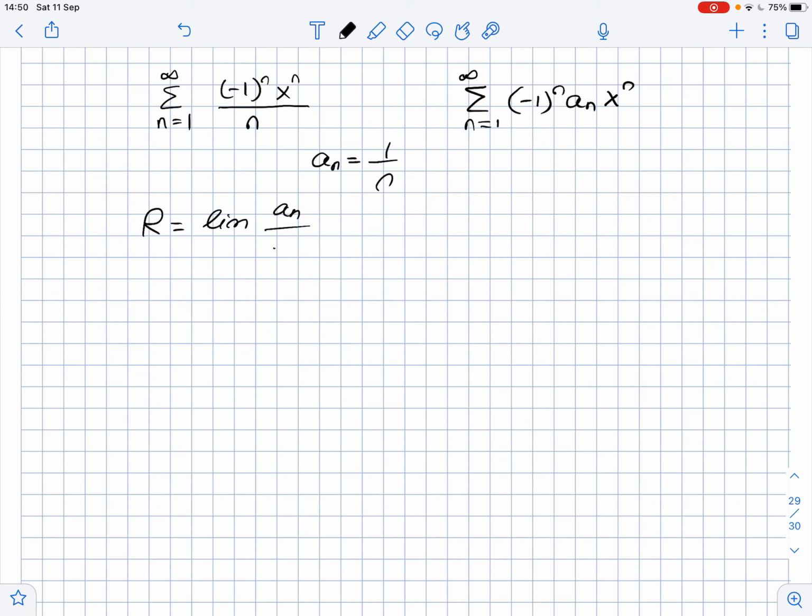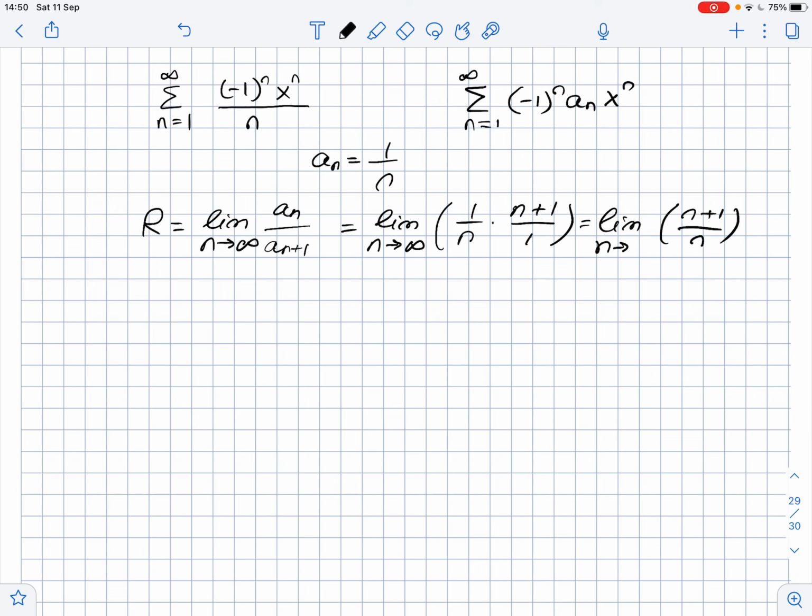So we can obtain the radius of convergence by the following formula. The radius of convergence equals the limit of a_n over a_(n+1), where n approaches infinity. This equals the limit of 1 over n times (n+1) over 1, which equals the limit of (n+1) over n.